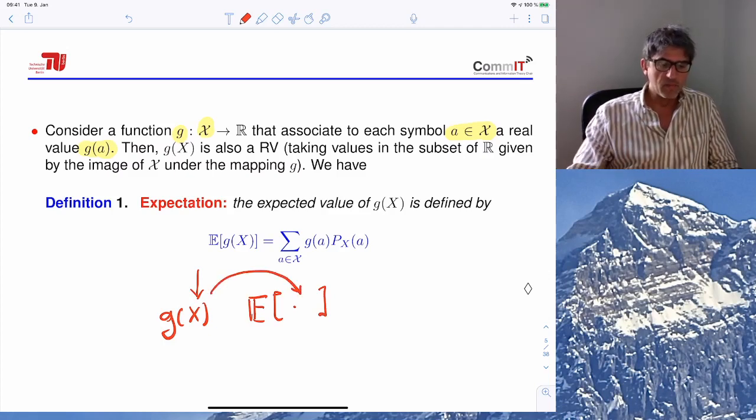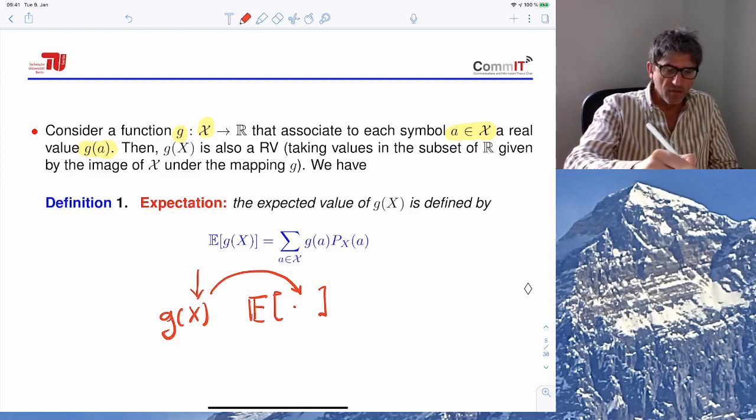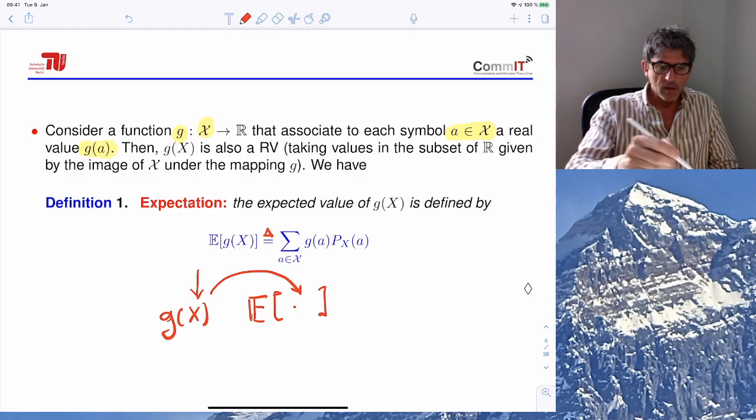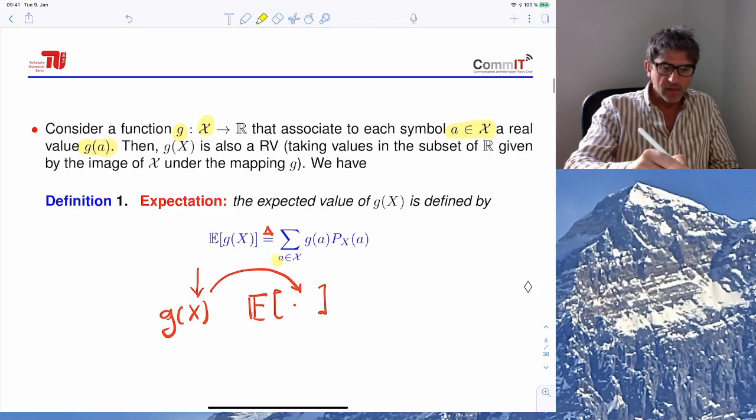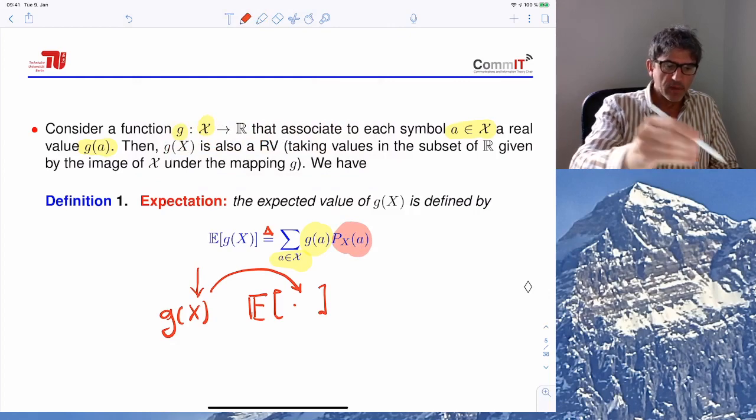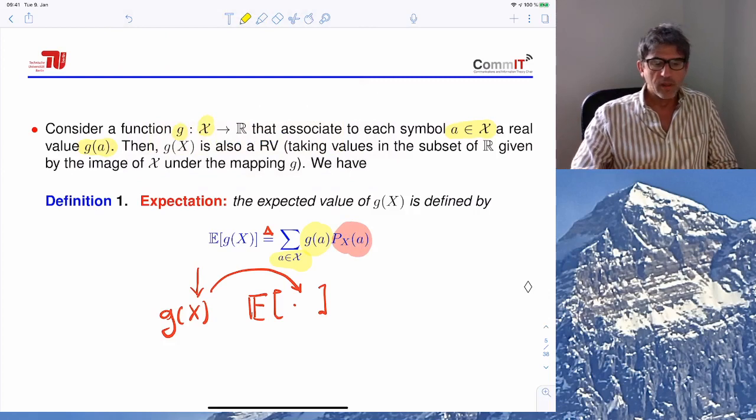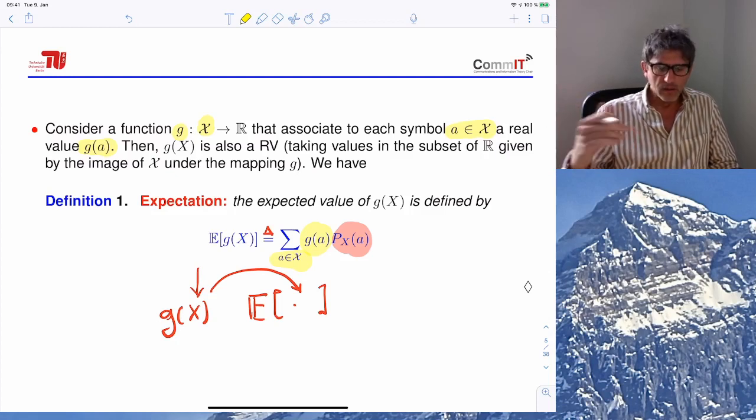So E means expectation of g of X. And this is a definition, is the sum over all the letters in the alphabet of the value of the function times the probability of this value. Okay? So if you think for a second, you recognize immediately the usual, probably you have seen the mean value of a distribution.